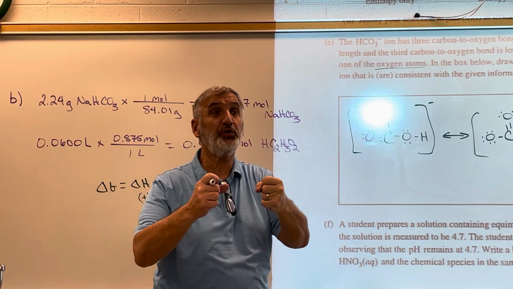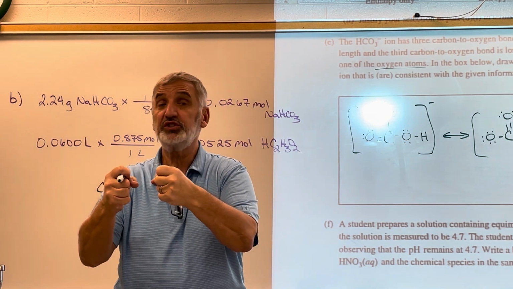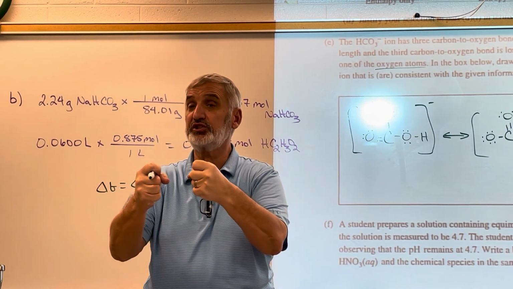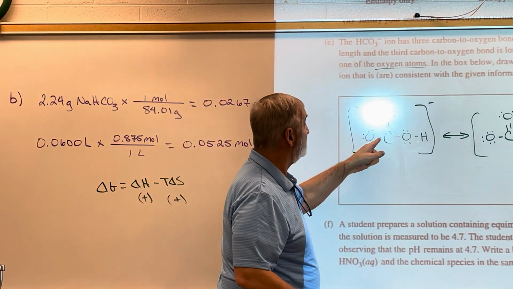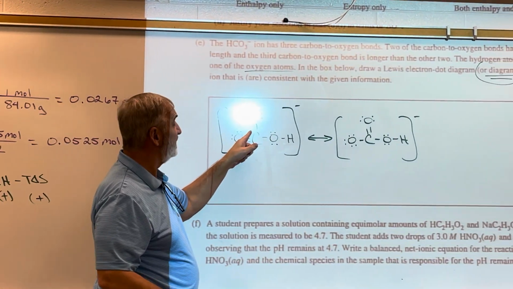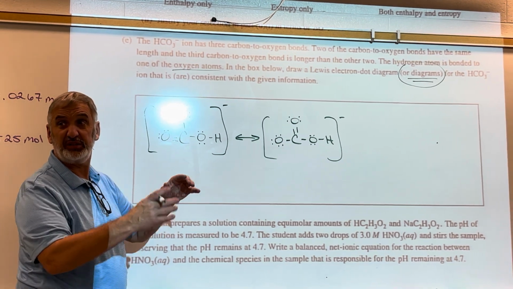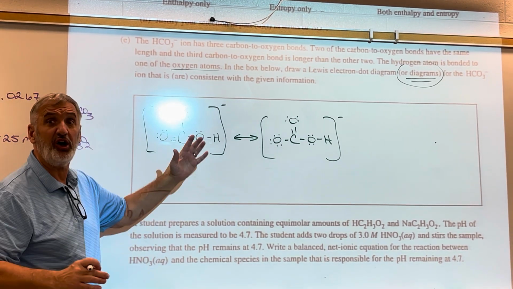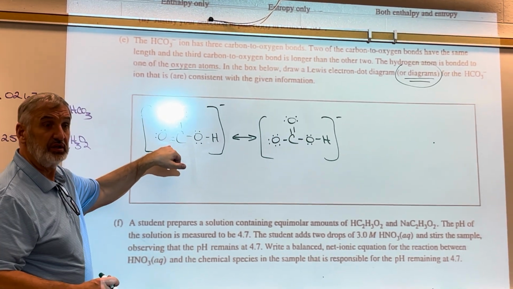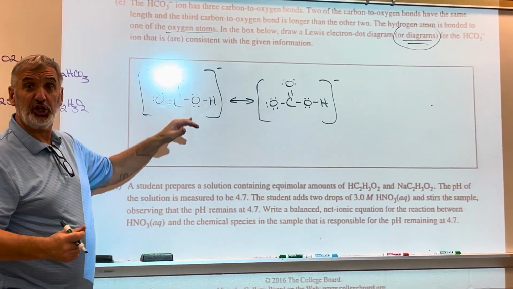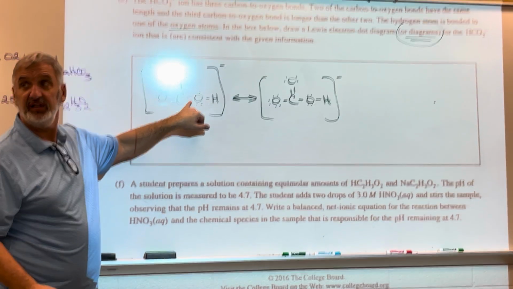Remember, the higher the bond order, the shorter the bond length. So a double bond is shorter than a single bond. A triple bond is shorter than a double bond. So here, these two are at 1.5. They're going to be identical because that pi bond is being shared equally by all. So these two are identical, but at 1.5 they're going to be a little bit shorter than the single bond here.